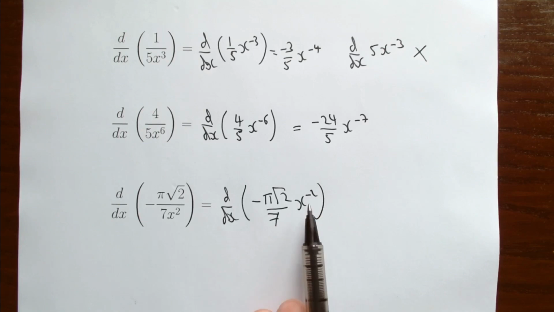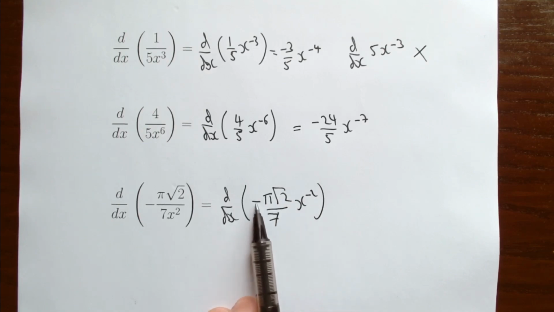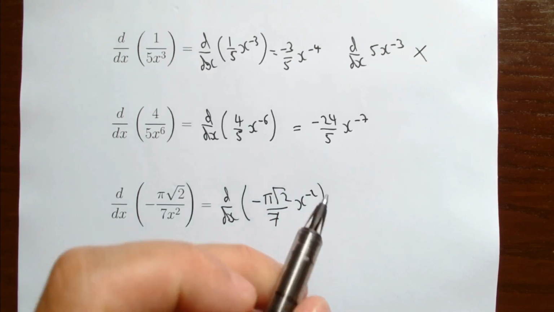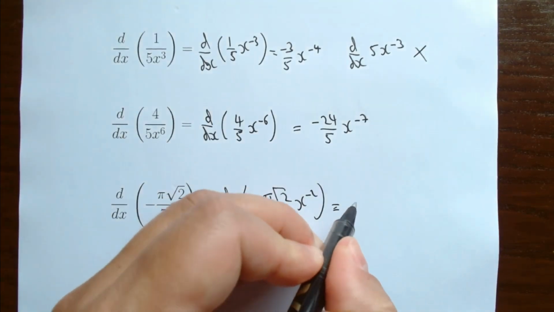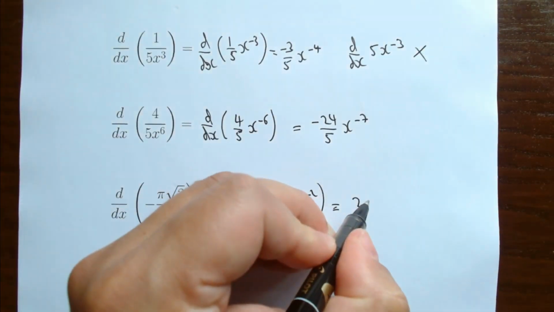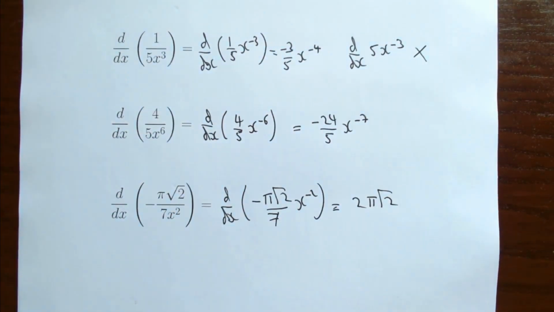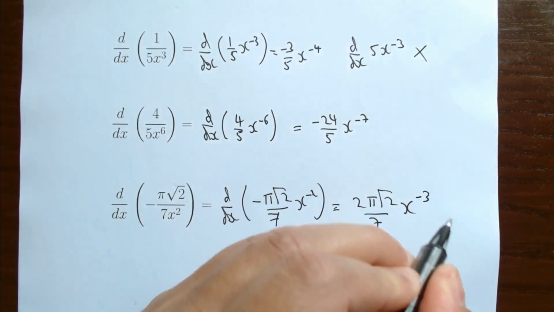And now we can differentiate it. The minus 2 will come down and multiply this to give you positive pi root 2 over 7, and then we subtract 1 off the power, minus 3.